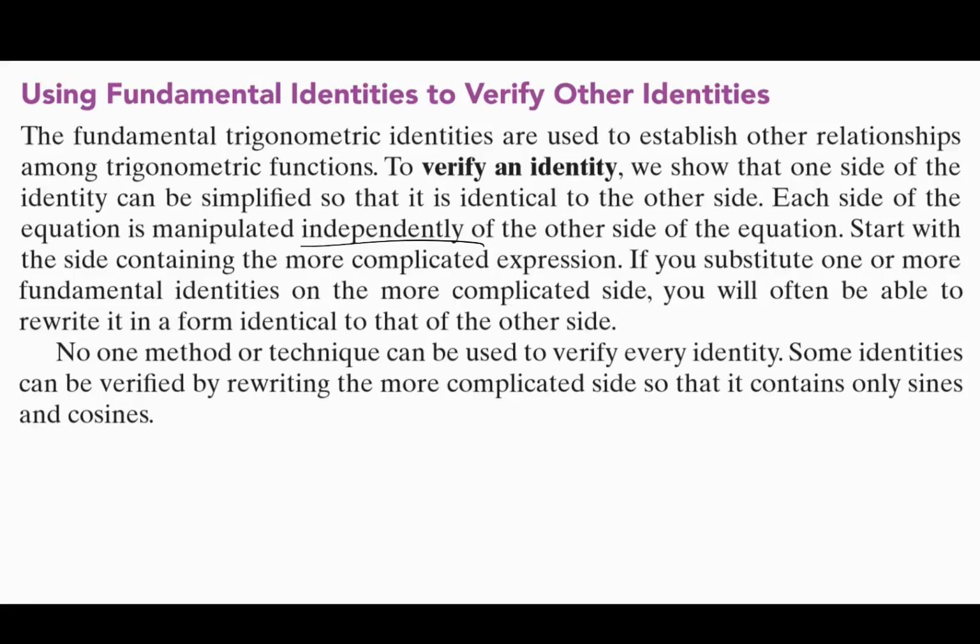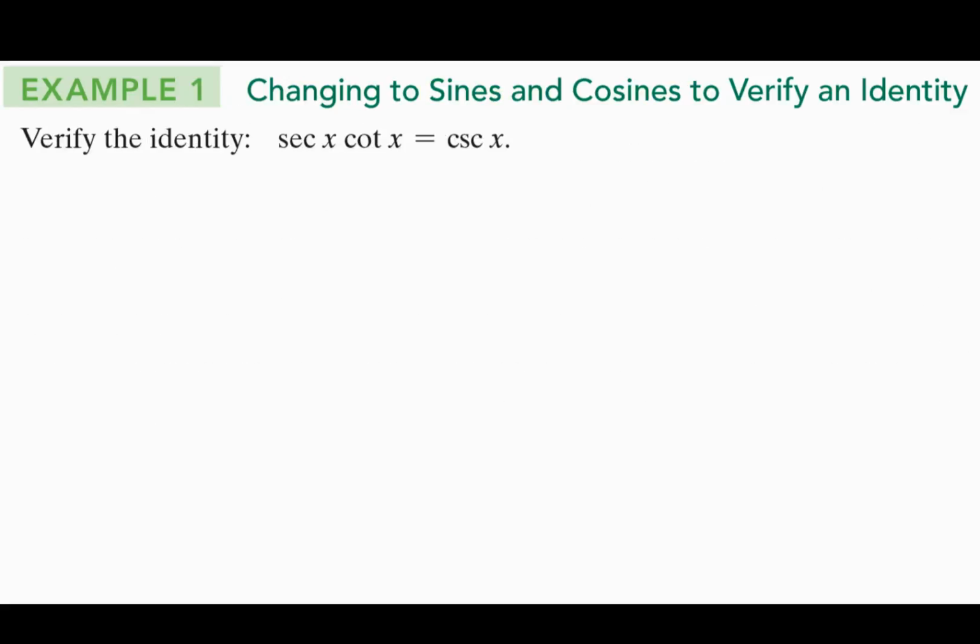The most basic technique and the one that will work the most often is rewriting the more complicated side so it only contains sines and cosines. So let's start. Okay, so here's the way this works. We have two terms. Secant cotangent is equal to cosecant.